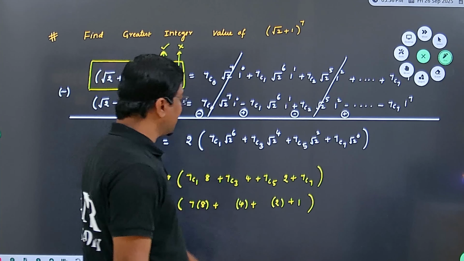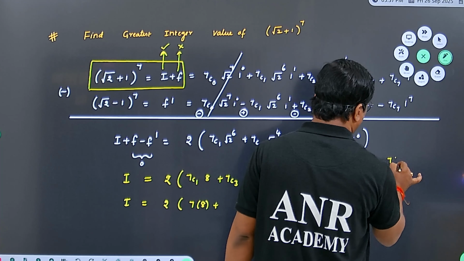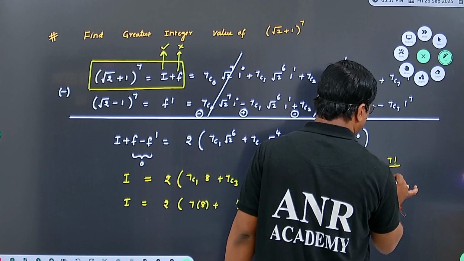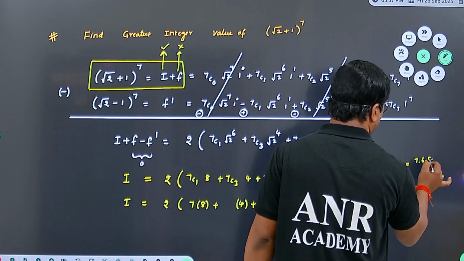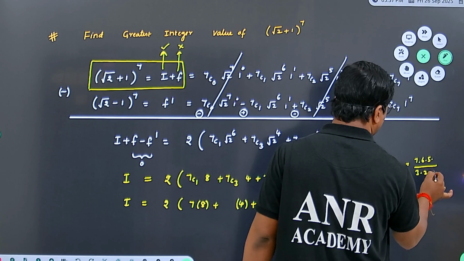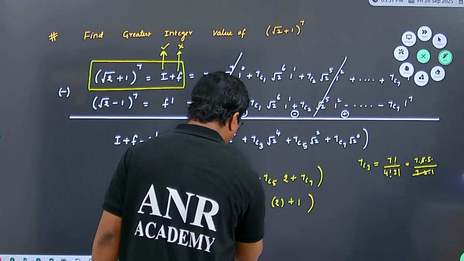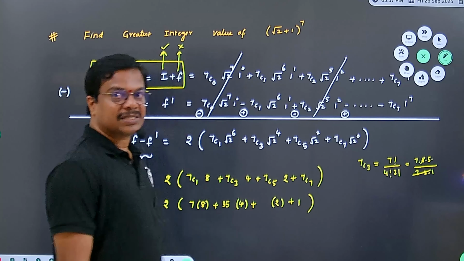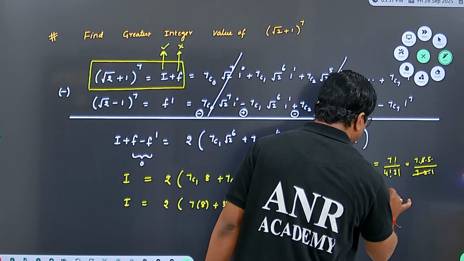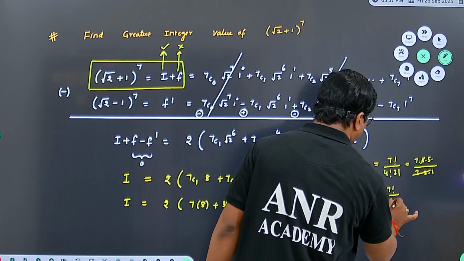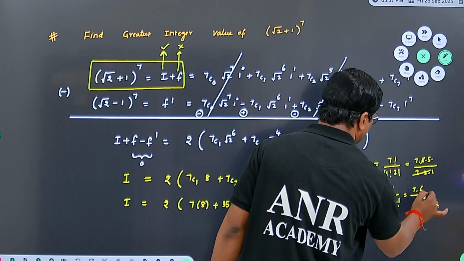I am going to find 7c3 and 7c5. 7c3 value is 7 factorial by 7 minus 3 factorial into 3 factorial. So 7, 6, 5, 4 factorial gets cancelled, 3 to 1. So we get 35 here for 7c3. Next 7c5. 7c5 value is 7 factorial by 5 factorial into 2 factorial, 7 into 6 divided by 2.